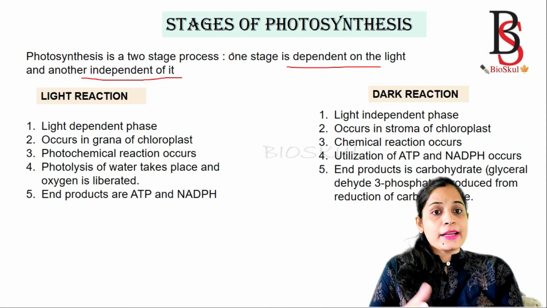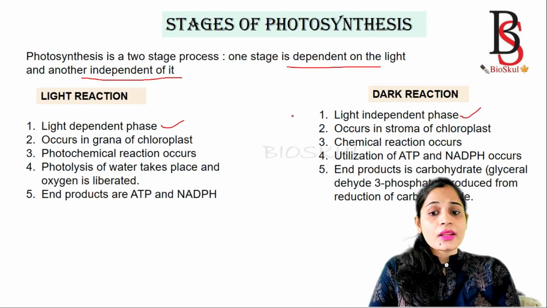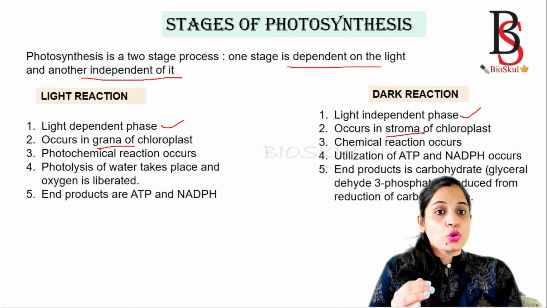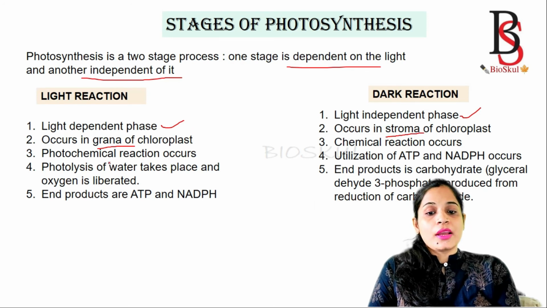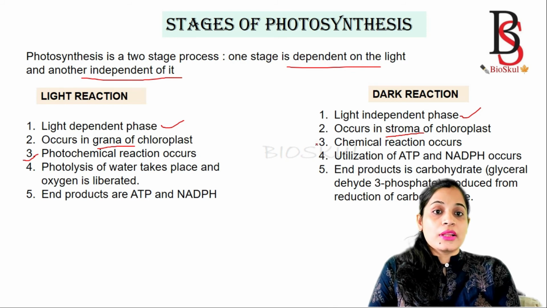Basically, the light reaction, as its name indicates, is the light dependent phase, and the dark reaction is the light independent phase. The light reaction takes place in the grana of chloroplast, whereas the dark reaction takes place in the stroma of chloroplast. In the light reaction, a photochemical reaction takes place, but in the dark reaction, a chemical reaction takes place.